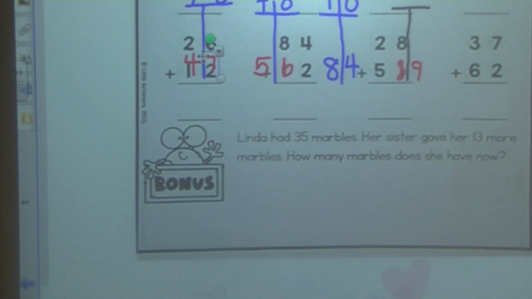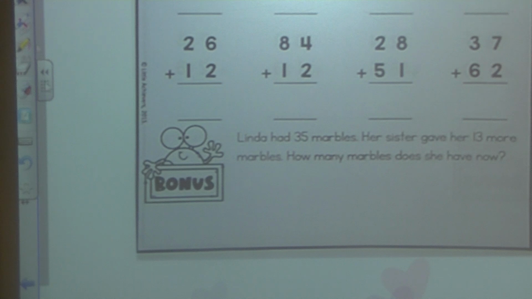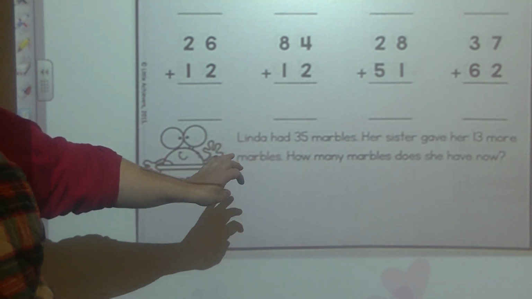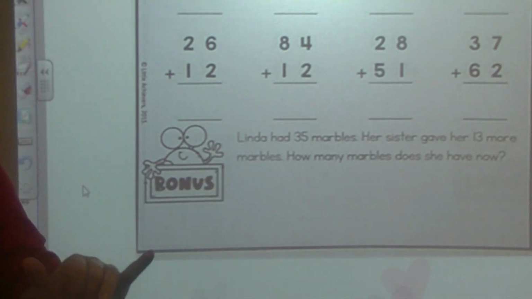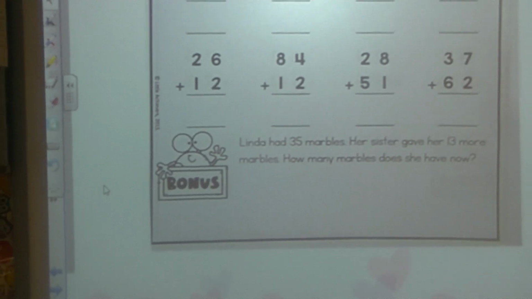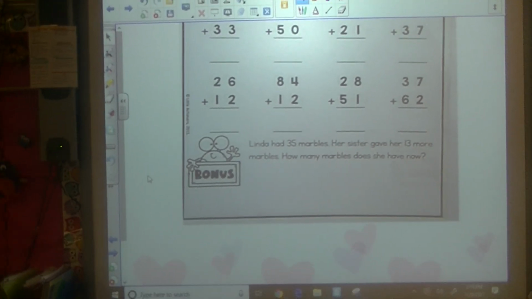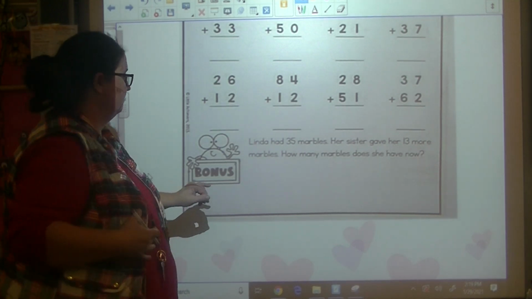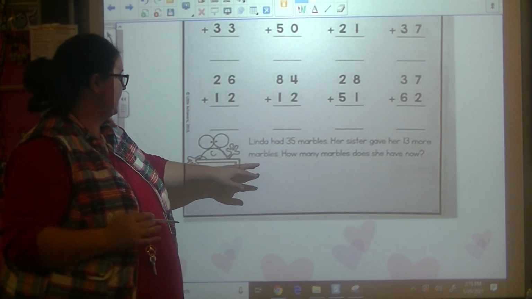Word problems are very important. Let me zoom you out so you can see me. I keep forgetting I've got you zoomed in. You guys bear with me. Next few days you may have trouble seeing me from time to time.